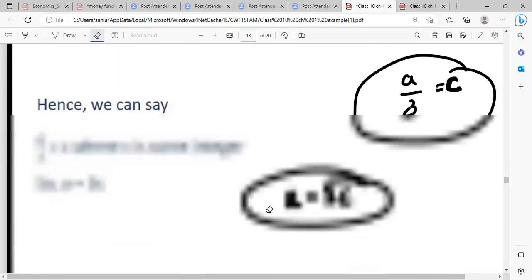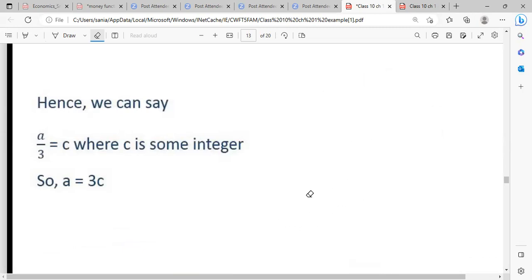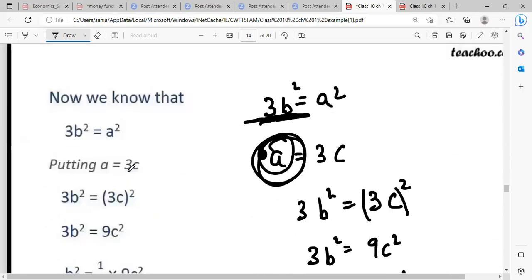Right? Now you have to do something magical. You have to bring some other component which is c. So over here, a upon 3 equals c. So a equals 3c, right? But earlier you also got an equation, which is 3b square equals a square.